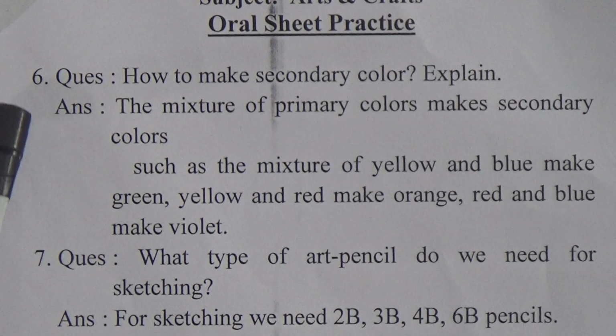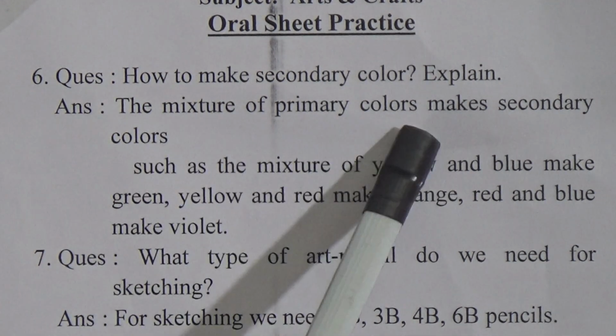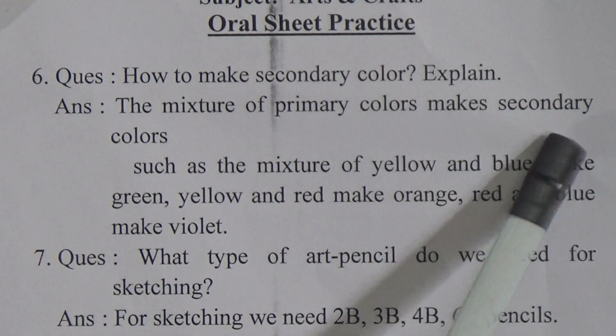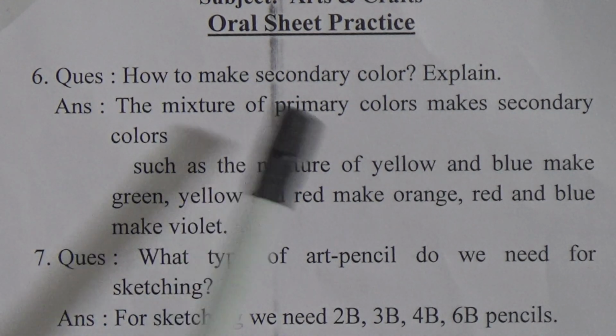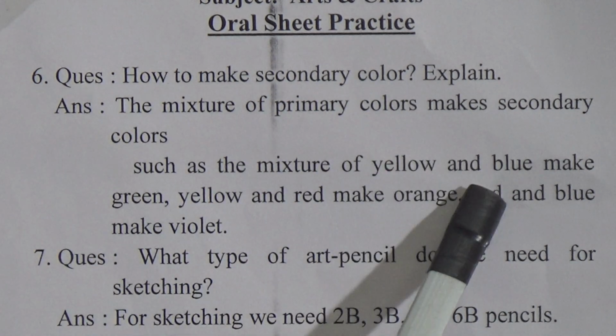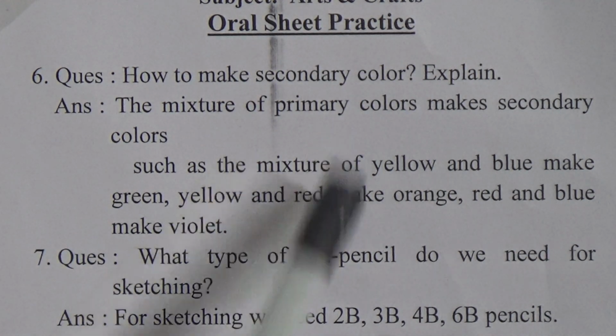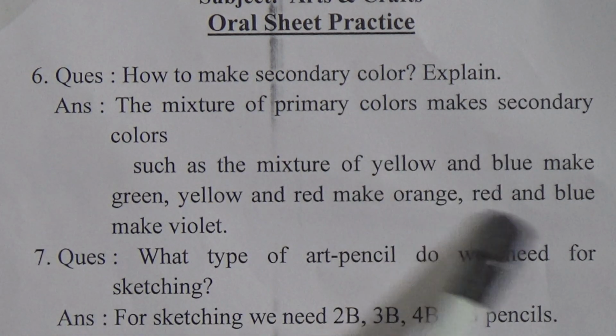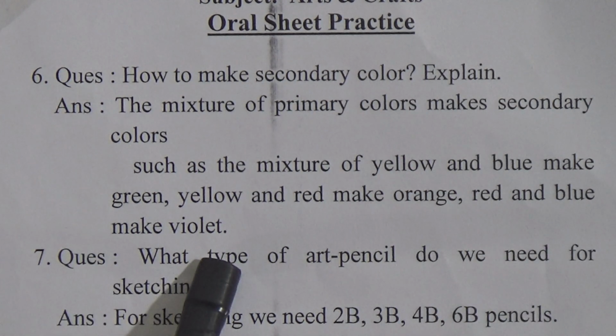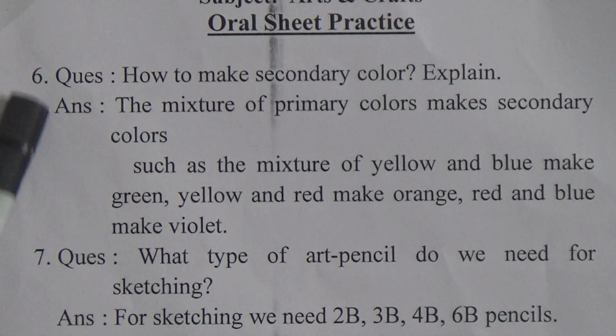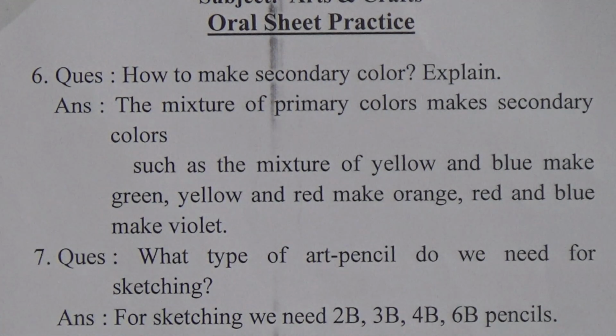Explain. Answer. The mixture of primary colors makes secondary colors, such as mixture of yellow and blue makes green, yellow and red make orange, red and blue make violet. So dear student, listen again very carefully and say with me.